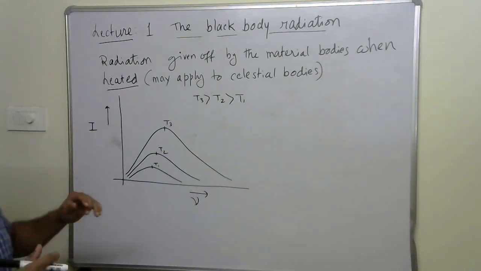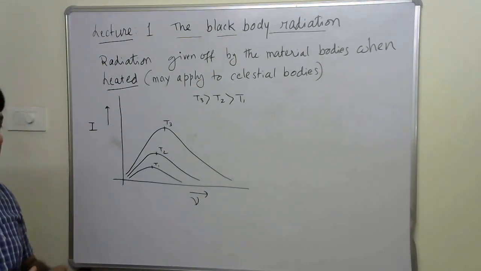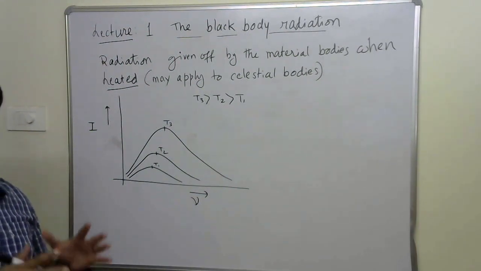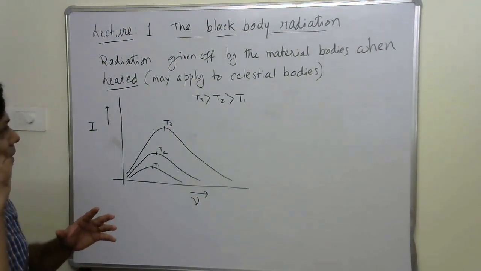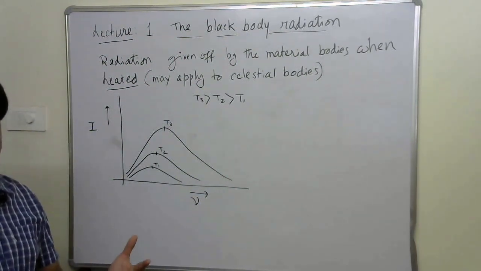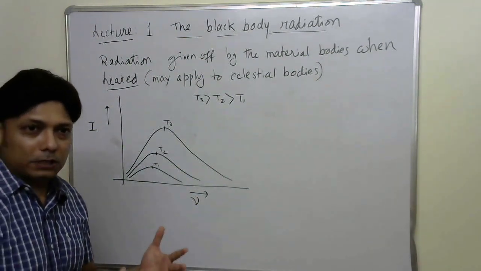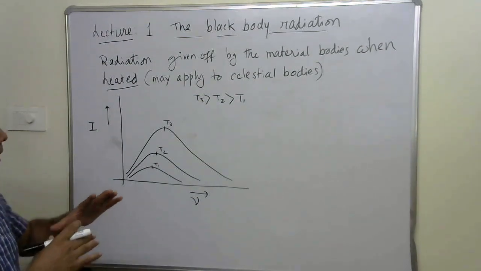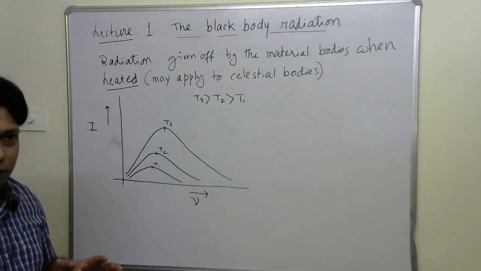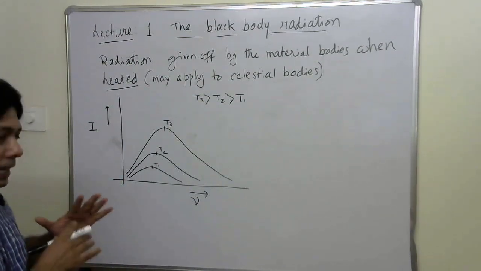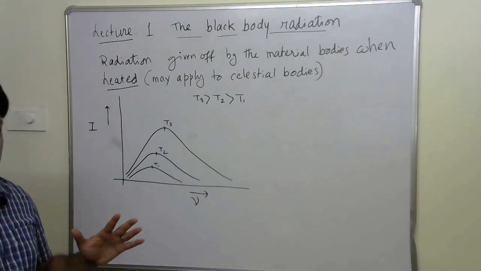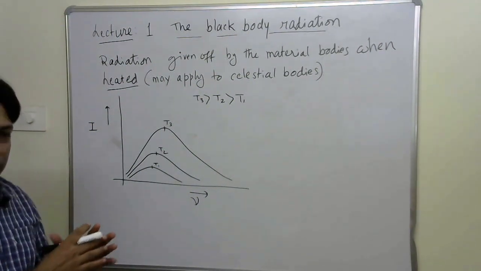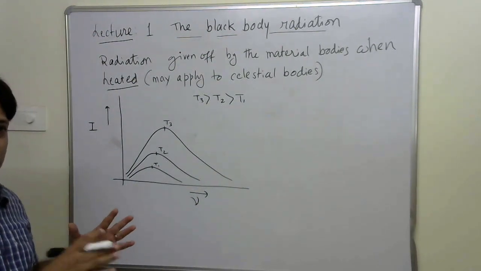Whenever a material body is heated to a high temperature, it tends to give off radiation in terms of electromagnetic waves, that means light. The radiation coming off tends to have all the frequencies, from the violet end to the red end.